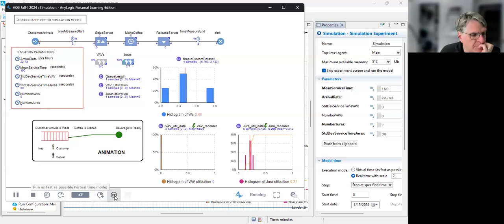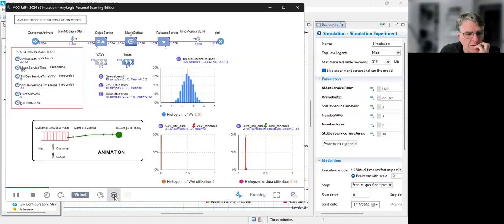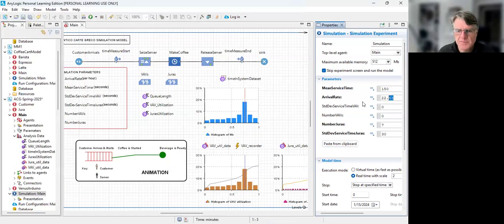Let's see how this goes. What have I messed up here? I must change this. Excuse me, I messed that up. This should be 157. No, sorry. I've got 7 baristas in here. That's the issue.